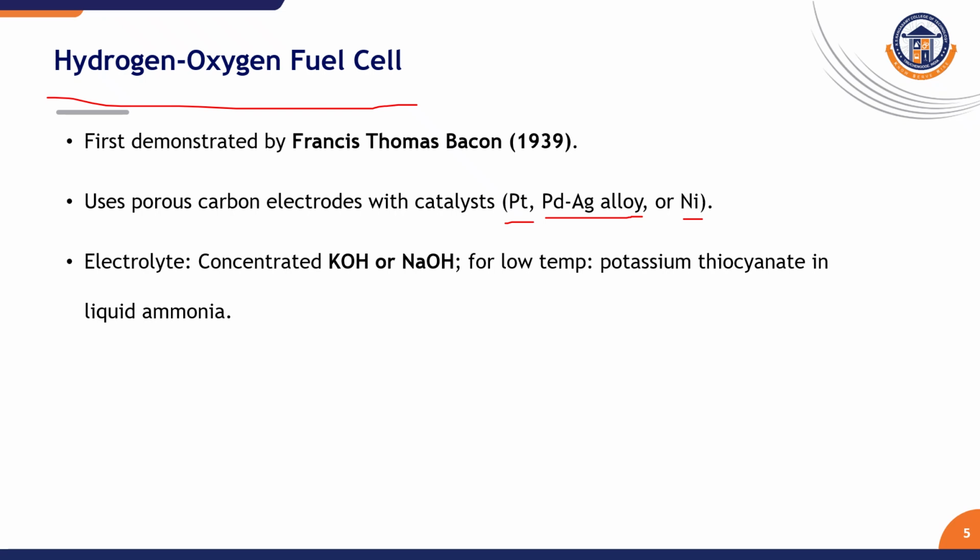The electrolyte used for this hydrogen oxygen fuel cell is concentrated KOH or NaOH alkali. For low temperature, potassium thiocyanate in liquid ammonia is used as the electrolyte.